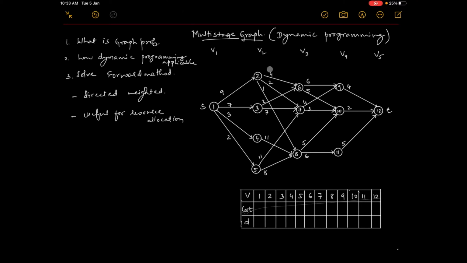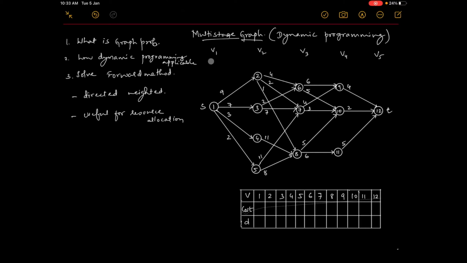You can go from 1 to 2, find all possible paths and reach here. Then again you have different paths. So all permutations and combinations you can do by trial and error method, and you can find it. But we have an organized way of doing it.